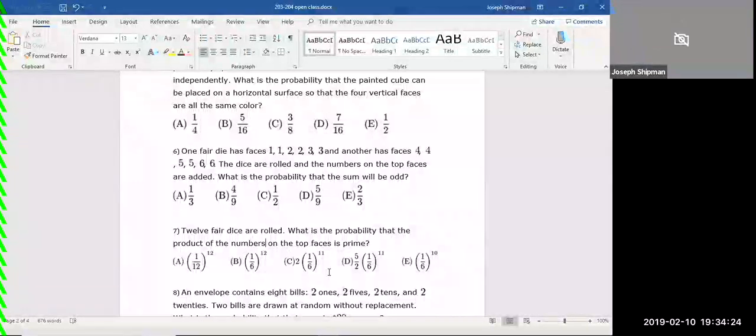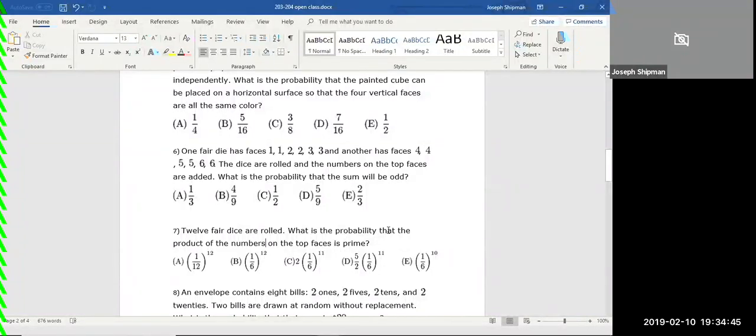The number of all ways, good and bad, to do it is just 6 to the 12 ways, because we have 6 times 6 times 6 times 6 and so on, 12 times, one 6 for each of the 12 dice. So our denominator is 6 to the 12th ways to select the numbers, and our numerator is 36 good ways.